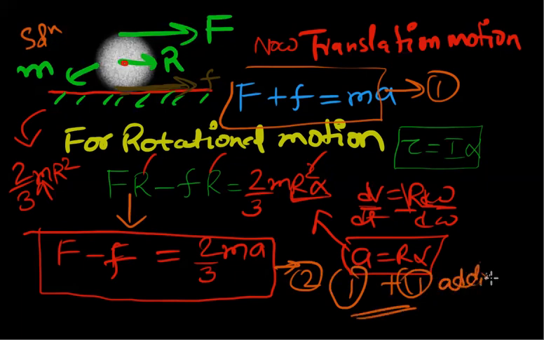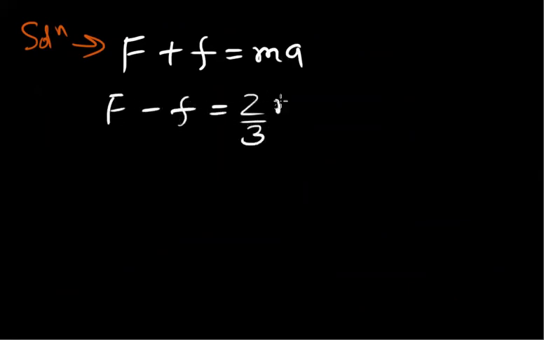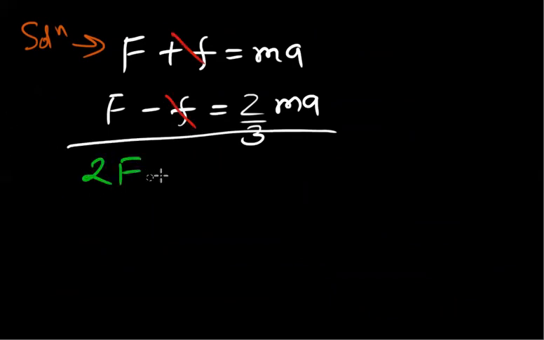Adding both the equations: F plus f was the translation, which is ma, and the rotation was F minus f equals 2 by 3 ma. If we add these, the small f terms cancel out, and what remains is 2 capital F equals 2 by 3 plus 1, which is 5 by 3 ma.